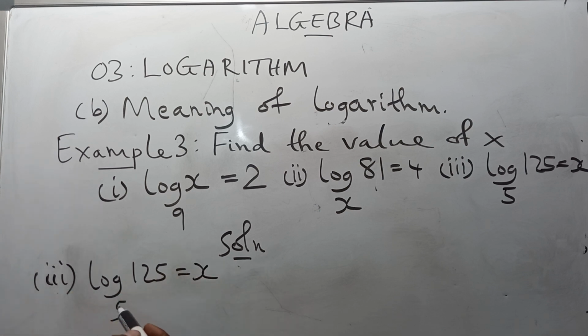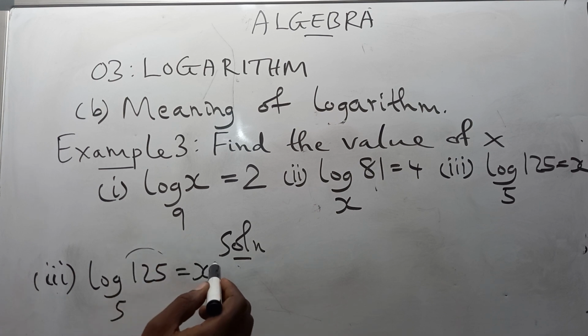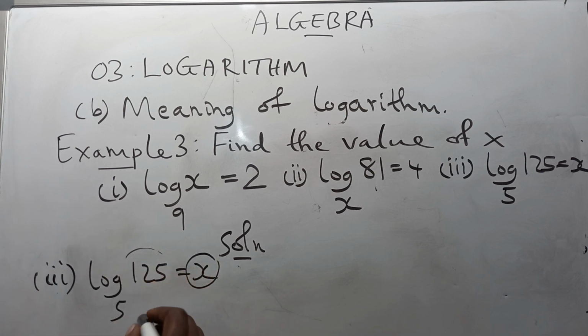This means how many times 5 must multiply by itself in order to produce 125. And the number of times for 5 to multiply by itself to produce 125 is equal to the value of x. In other words, first we must write this logarithm in its equivalent exponent form.